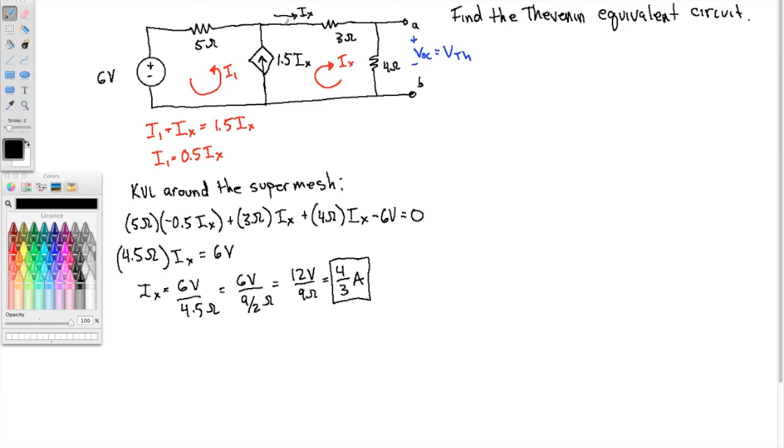If I have 4/3 amps coming through that 4 ohm resistor, the open circuit voltage is 4/3 amps times 4 ohms, and that is 16/3 volts. And that's also the Thevenin voltage.